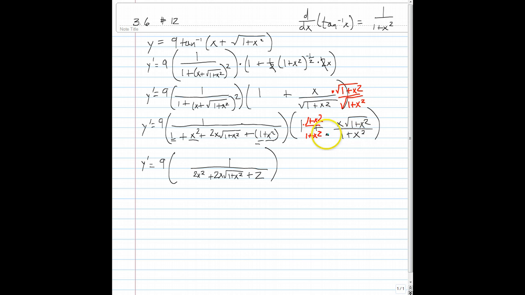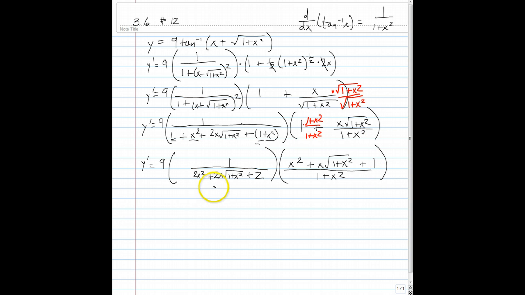So when we add these together, if we put it in descending order with the highest power first, we'd have x squared plus x root 1 plus x squared plus 1. This is all over 1 plus x squared.